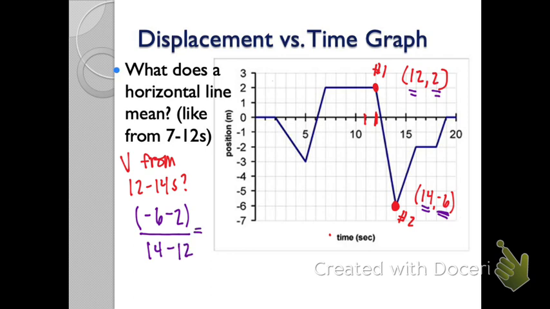That gives me a velocity or a slope of -8 over 2. And so how do I reduce that? What's my answer after I reduce it? -4 meters per second.